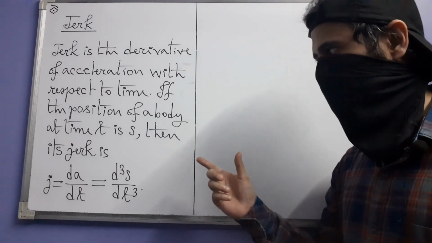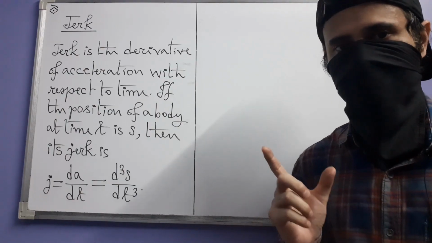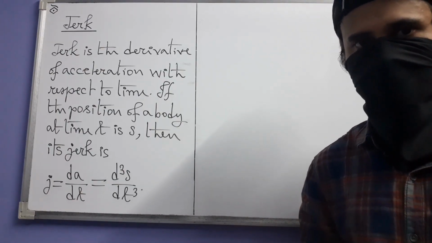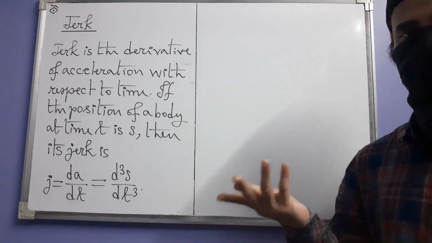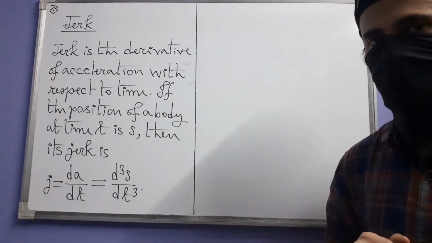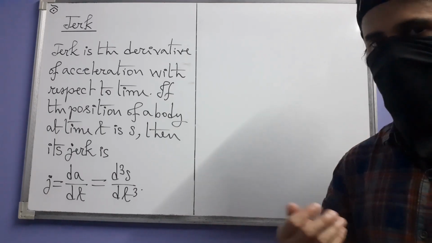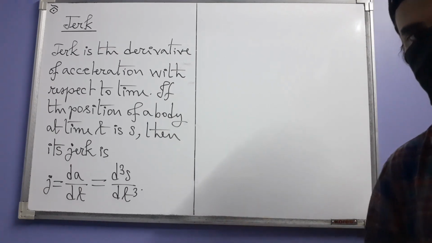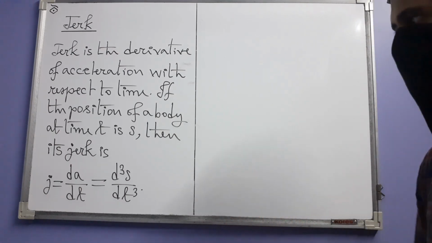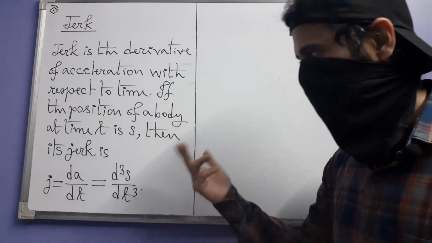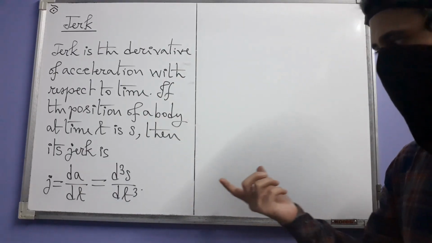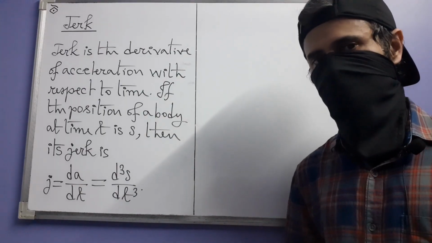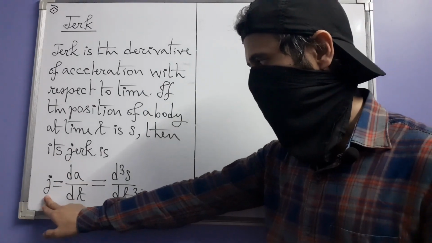So that means it's the rate of change of acceleration of a body with respect to time. It's not necessary that the acceleration of a body should stay constant during its motion, no matter what type of motion it's undergoing. That of course is not the case. So it can also change, and it does change. So we can calculate the rate at which it changes, and that rate is jerk, J.